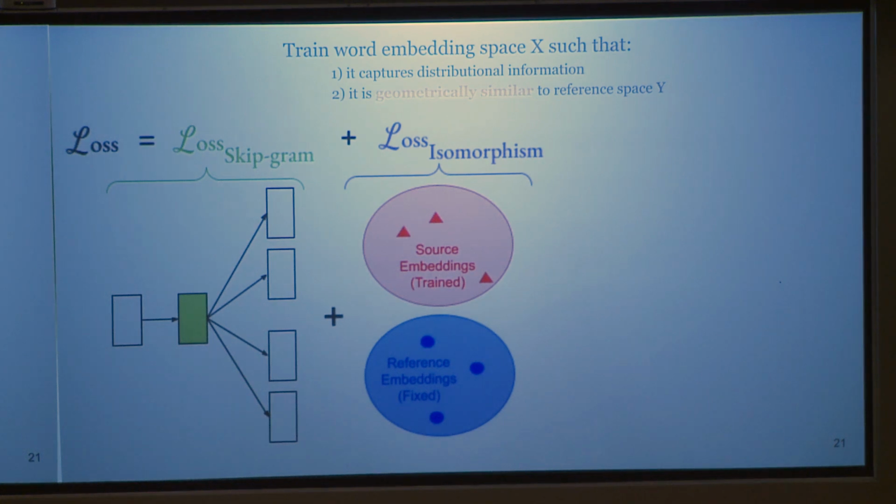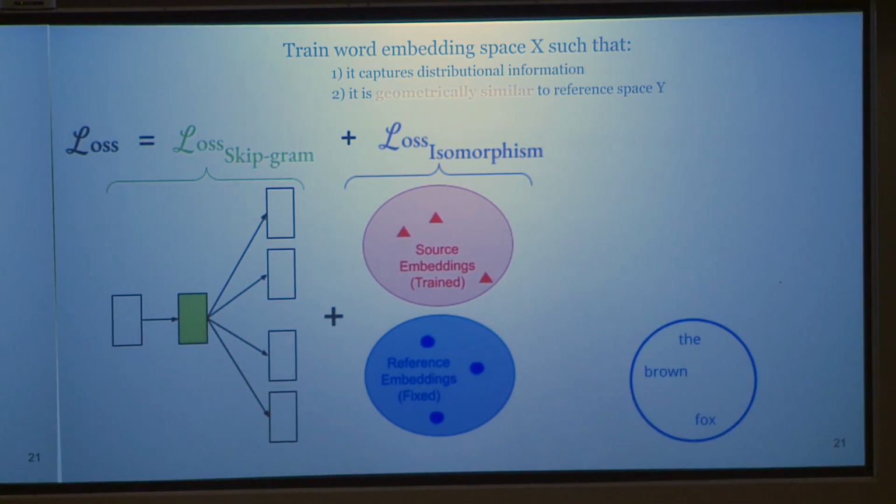And that's because hopefully we would have had enough data to train that reference embedding space such that it itself has a nice geometry. And then the goal is to train the low resource embedding space with the IsoVec loss such that we are encouraging the source embedding space to have a similar geometry to this target embedding space that we know is pretty good.